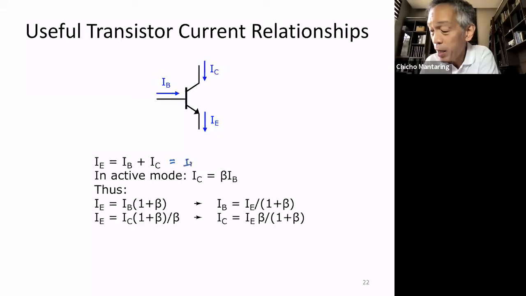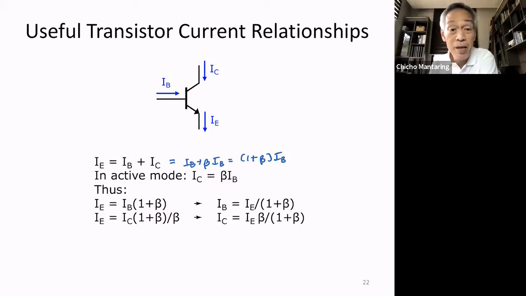So this is IB plus beta IB, which is just 1 plus beta times IB. So this gives me a relationship between IE and IB. IE is 1 plus beta times IB. So the reverse relationship, IB is IE over 1 plus beta.